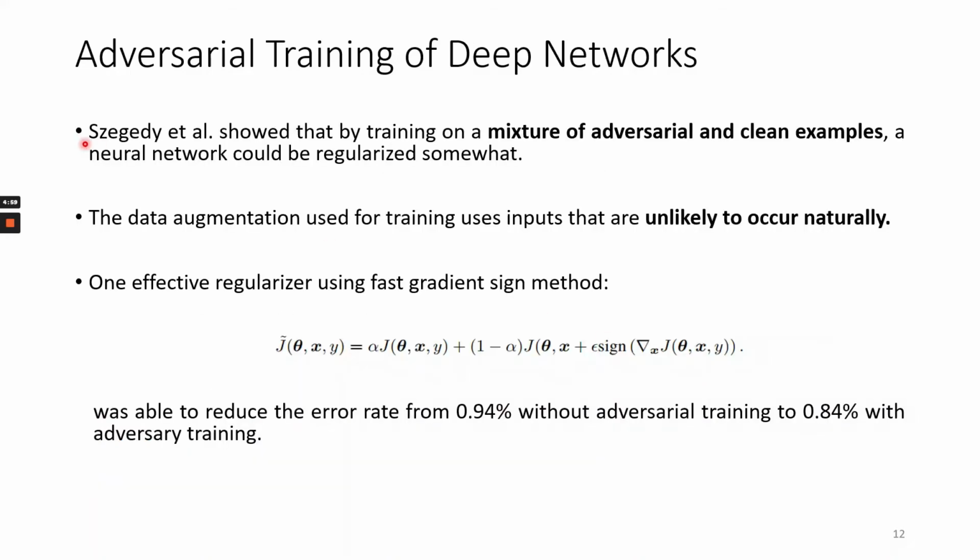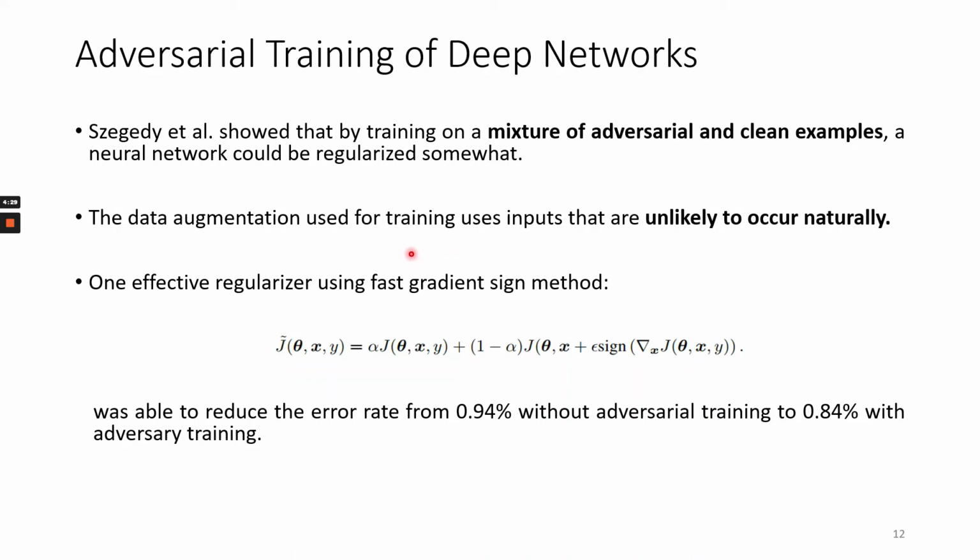One of the co-authors of this paper went on to run some further experiments to see how training on a mixture of adversarial and clean examples affected the neural network, and whether the neural network could be regularized somewhat. It was seen that the neural network was regularized to some extent. For the data augmentation part of this experiment, the training inputs used were those less likely to occur naturally.